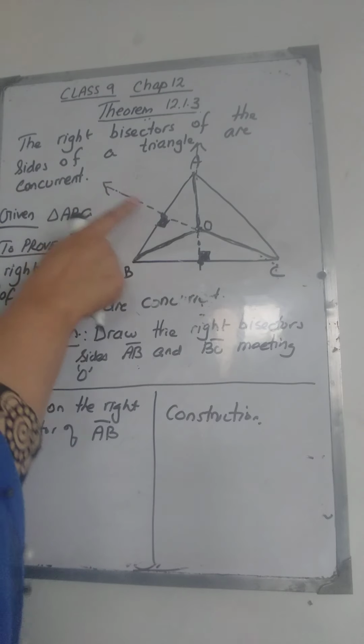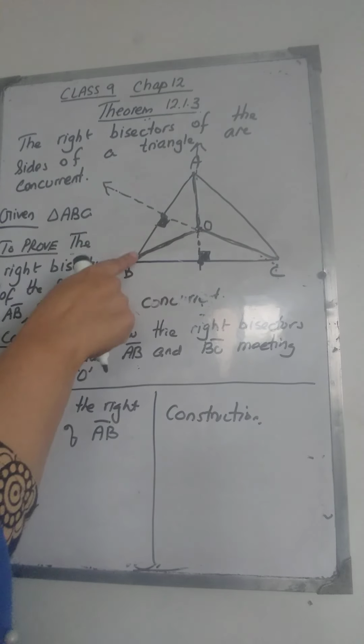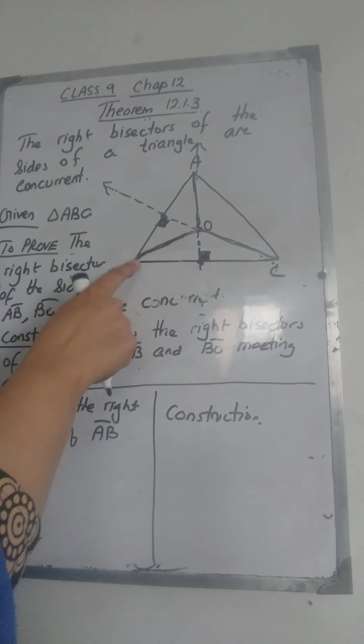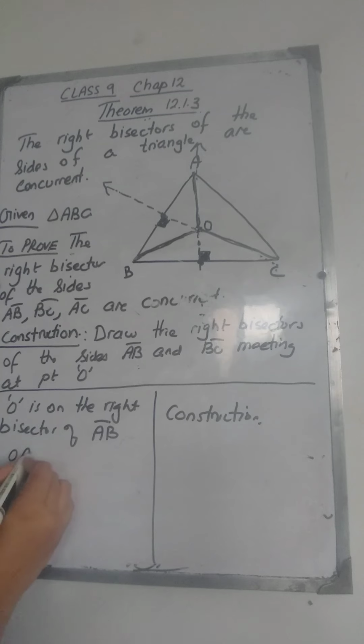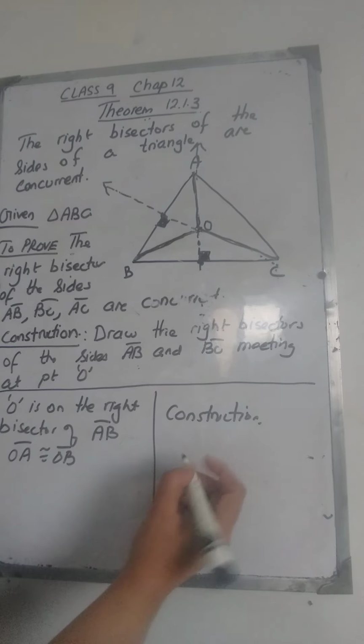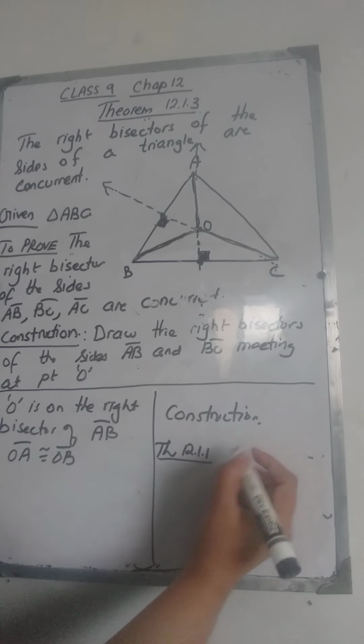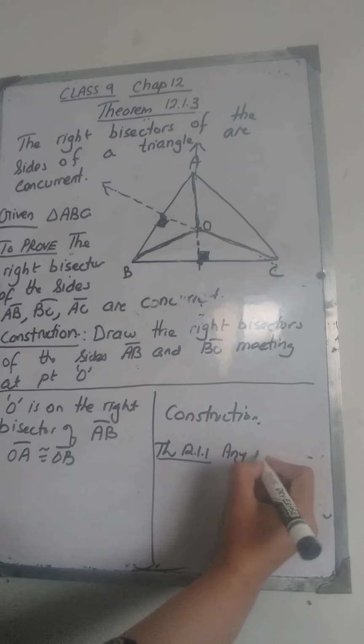As this is the right bisector of AB and O is a point on it, therefore OA will be equal to OB. Therefore OA will be congruent to OB because of theorem 12.1.1.